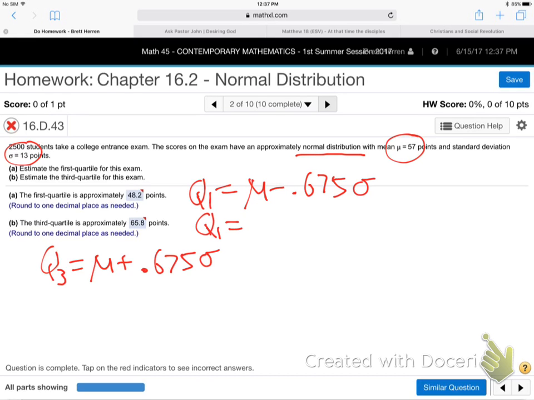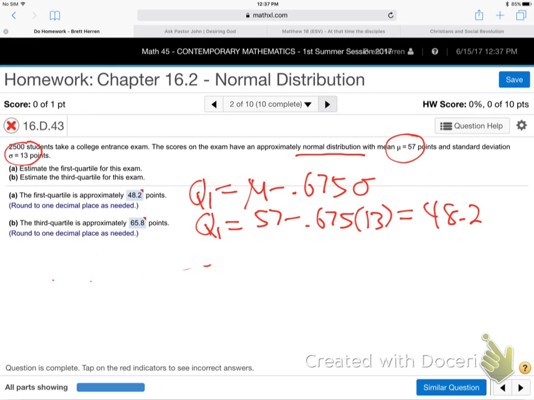Q1 is just the mean, 57 minus 0.675 times sigma. Sigma's 13. That'll come out 48.2, rounded to one decimal place. And then for the next part, Q3 is mu plus 0.675 sigma.